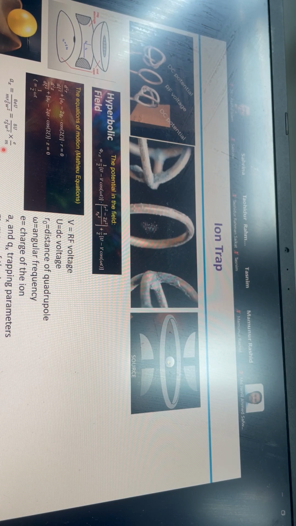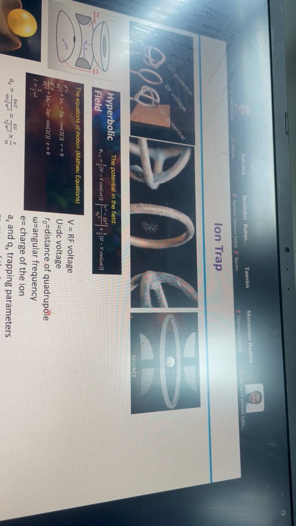So this is a little bit of electricity and magnetism. V is the RF voltage, because we also apply RF voltage to the middle electrode, and U is the DC voltage, so how much DC voltage we apply. We also need to calculate the radius, because the middle electrode is circular, so you can calculate the radius, the distance of the quadrupole.